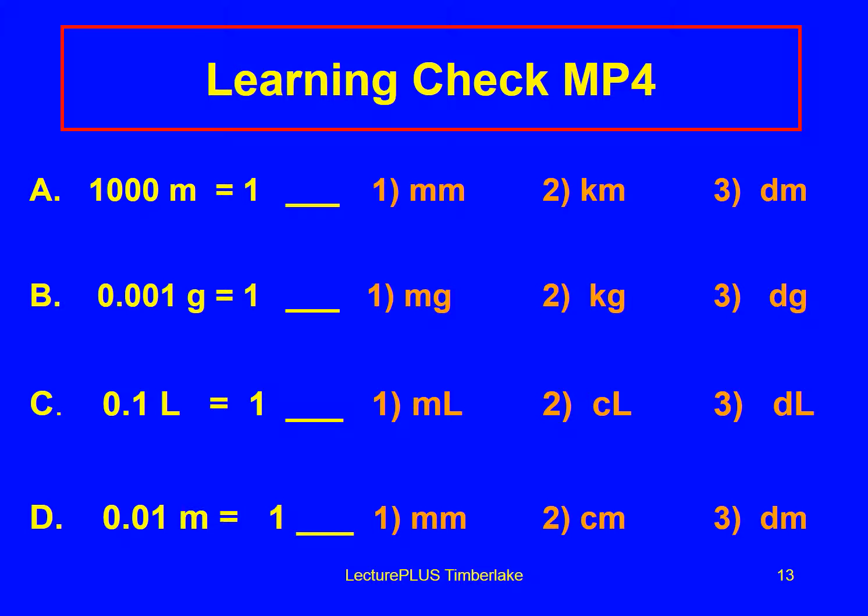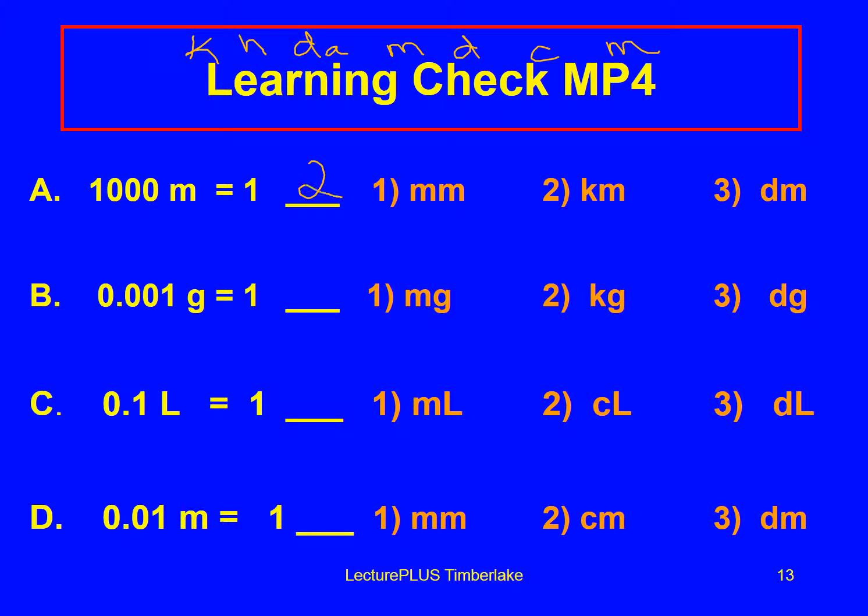Okay, welcome back. I'm just going to put our King Henry dancing merrily during cold months up on top. We're starting in meters, or 1,000 meters, and we want to get to 1 of something. So I'm going to move it 1, 2, 3 times, and that's equal to 1 kilometer.